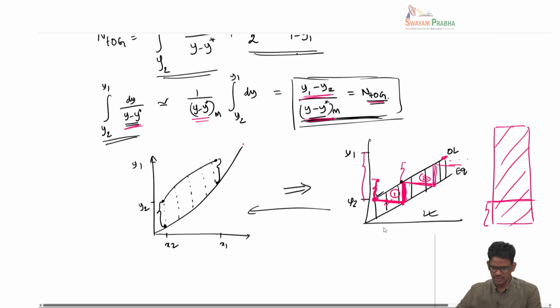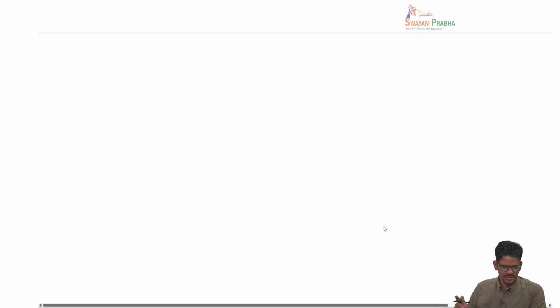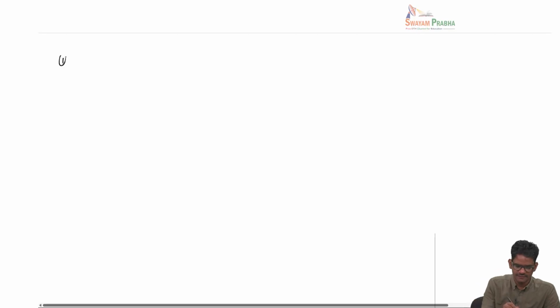Okay, so let me do that. Here I'm going to show it in stepwise operations. Graphical method. The first step is to draw the equilibrium line.